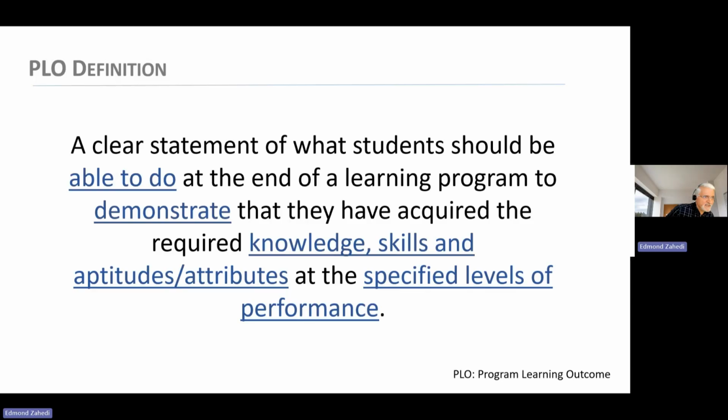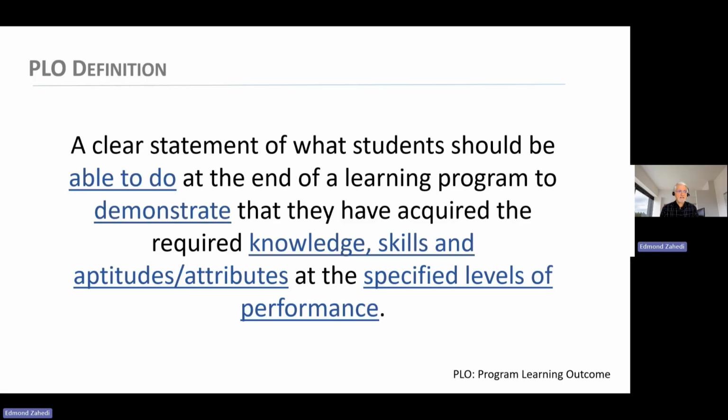Which brings us to a definition of the program learning outcome. As you can see, this is a clear statement of what students should be able to do at the end of a learning program to demonstrate that they have acquired the required knowledge, skills, and aptitudes or attributes at the specified levels of performance.